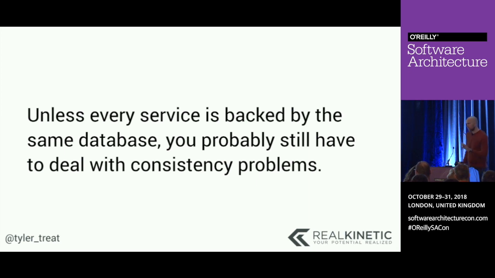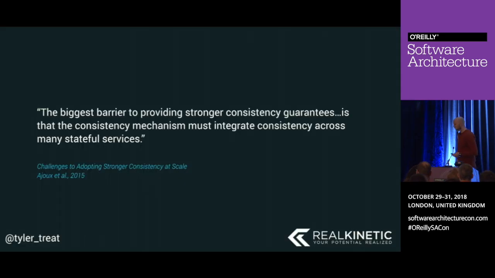And so while things like Spanner might address this problem within the context of a distributed database, typically there's more to the story than that. And really the biggest barrier is when consistency mechanisms have to span across many stateful services, as is typically the case with microservices.